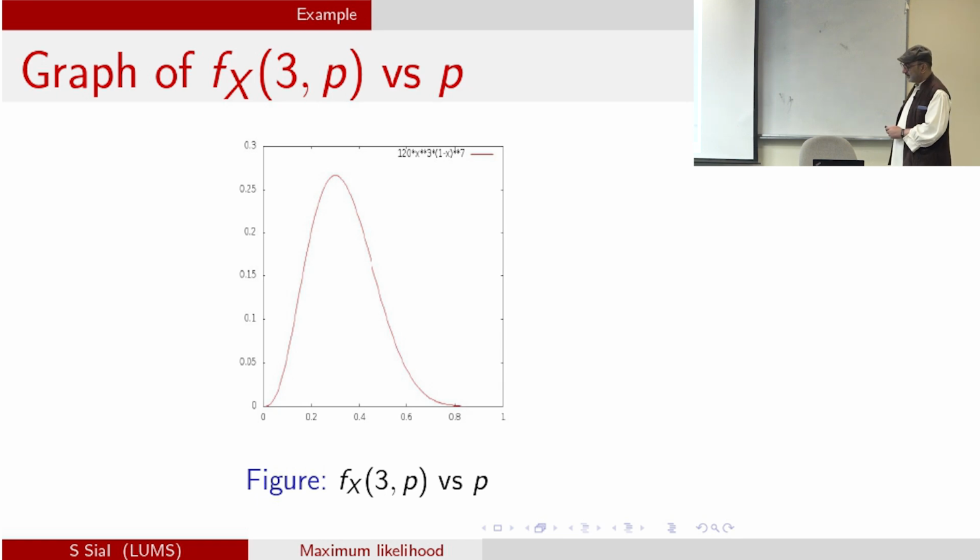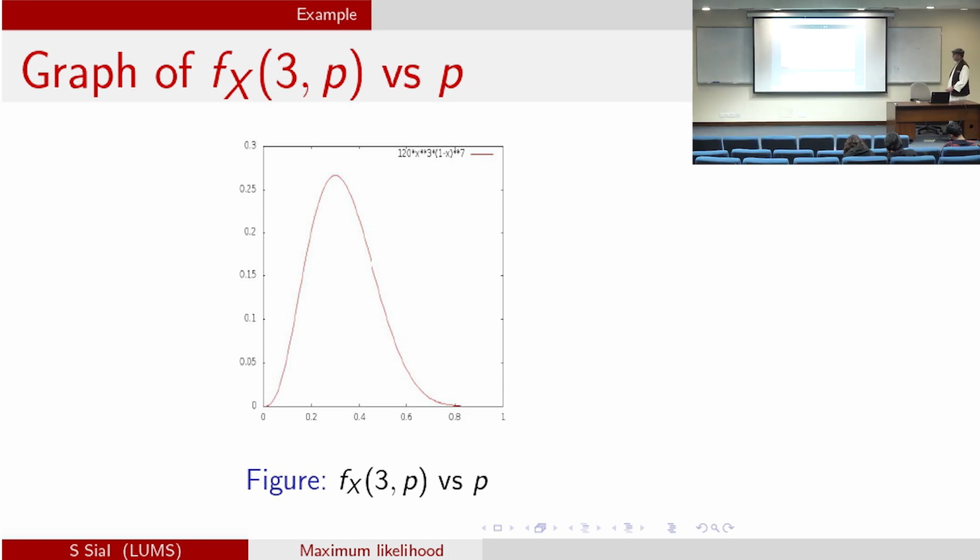Typically, we don't work with the maximum likelihood function. You did 10 tosses and you got 3.